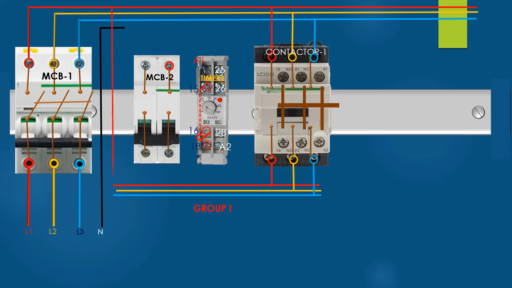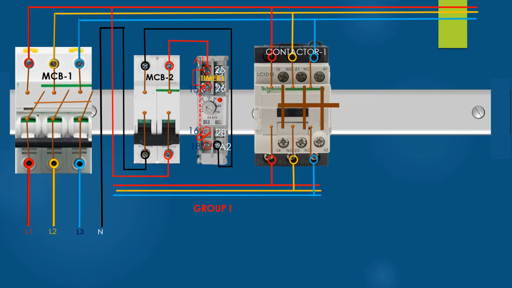Earth, phase and neutral are connected at the control MCB, then to the A1 and A2 terminals of the timer relay. When no voltage is applied at A1 and A2, contacts number 15 and 16 remain connected.